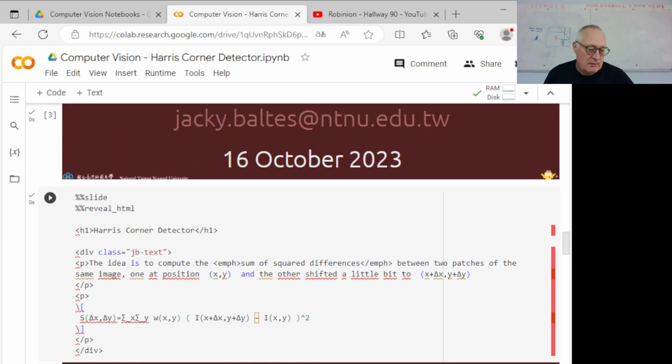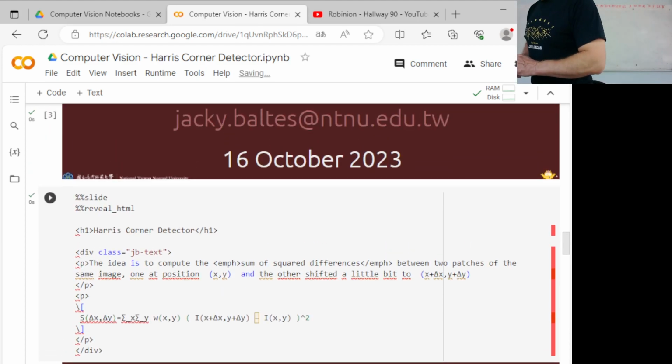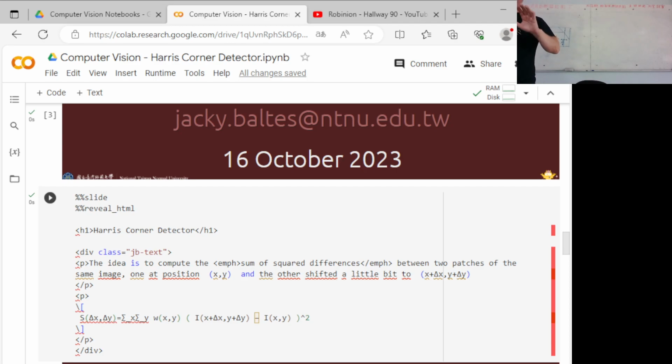So basically what we want is points that if they move in any direction, then I will notice that. So how would I notice this? Well, I would notice this if the point, if I shift it a little bit, is very different from its environment, the pixels around it. Right?